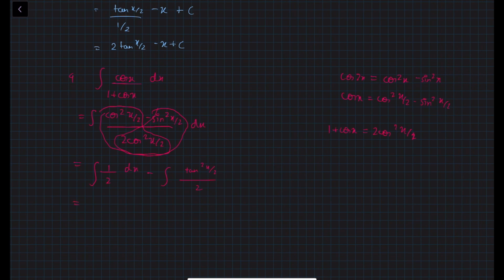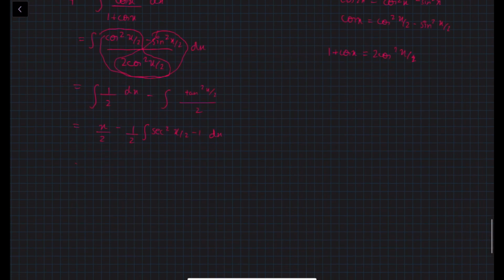So that just becomes a x over 2, right? And that becomes a 1 over 2 sec squared x over 2 minus 1 dx.